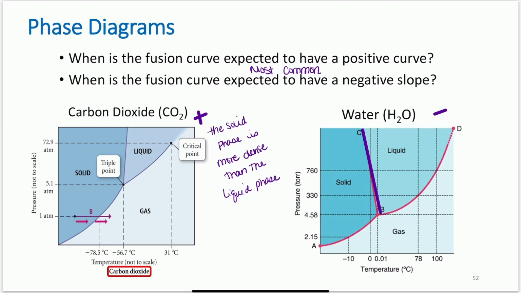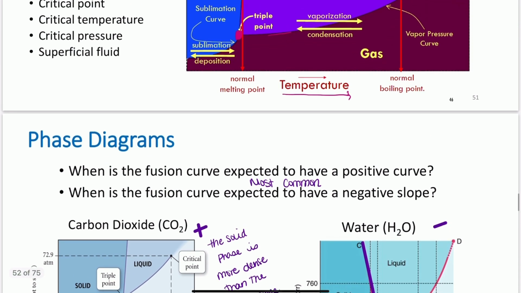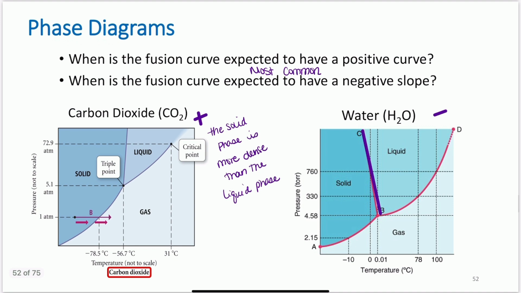CO2 looks, I know the way I drew it was very straight. It is slightly positive there, sorry. Slightly positive. But you'll see that positive curve when your solid phase is more dense than your liquid phase. So your liquid phase will float on top compared to the solid phase. We see this negative slope with things like water, so we see this for water. And this happens when your solid phase is less dense than your liquid phase.